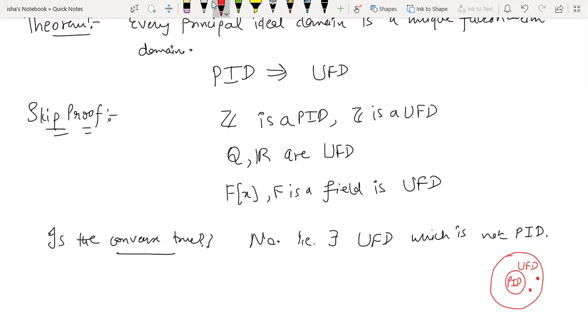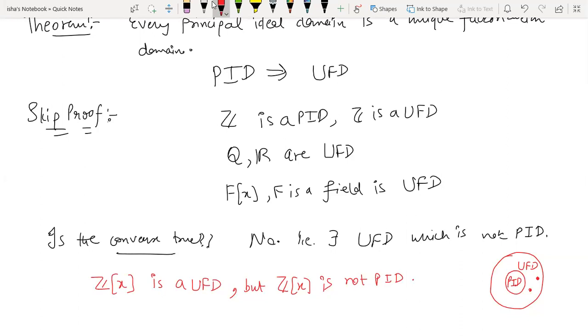So what is the example for that? The example which we just considered, Z[x], is going to be a unique factorization domain. We can have any polynomial and write its factorization, and that factorization is going to be unique into irreducibles. So it's a UFD. But Z[x] is not a PID, right?